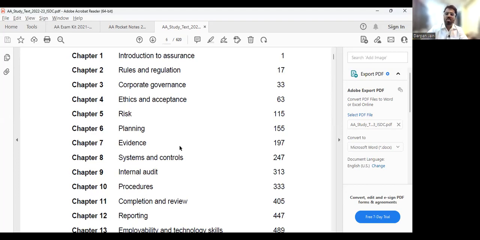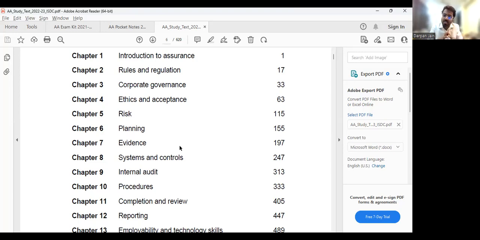Now, this is also a very long chapter in terms of the information it is trying to give you. If you see the page numbers, it's starting at 333, whereas the next chapter is starting at 405. That means there are about 75 pages in this chapter. So of course, it's going to be a long chapter, chapter 10, procedures, correct?